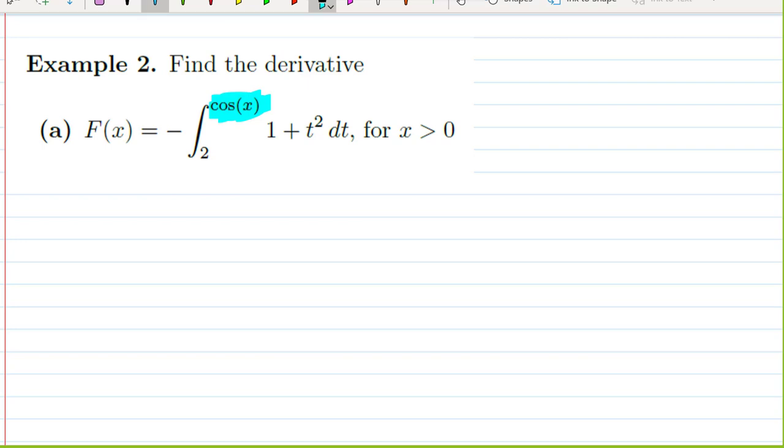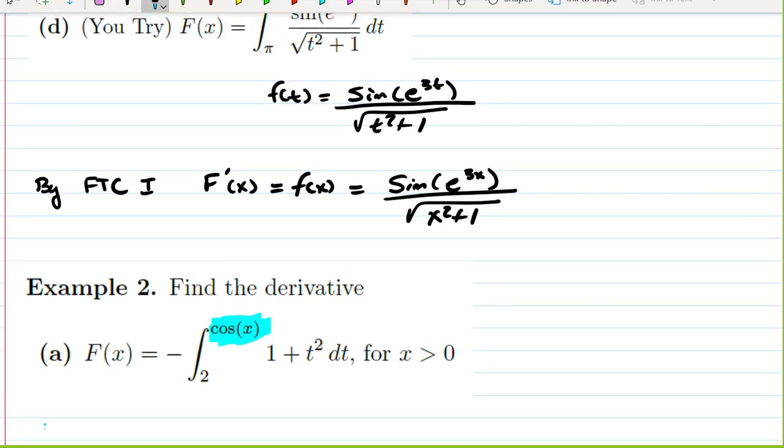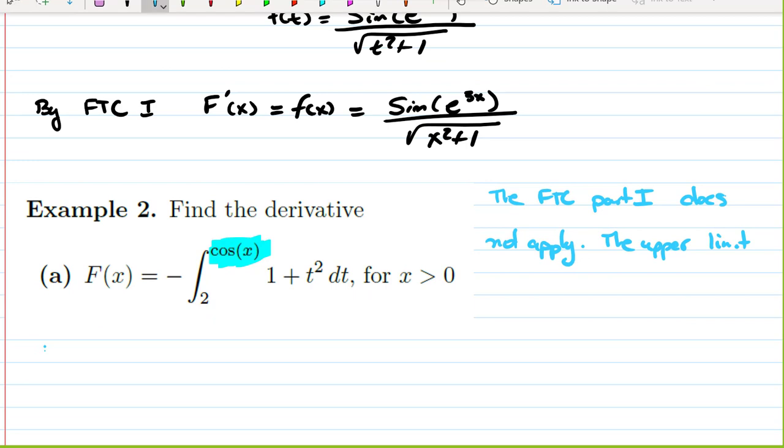So once again, the fundamental theorem of calculus, part 1, the upper limit of integration is cosine x, not x.